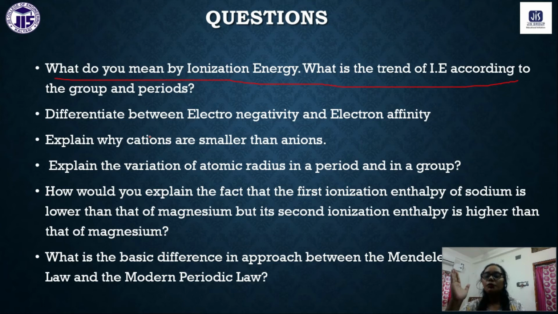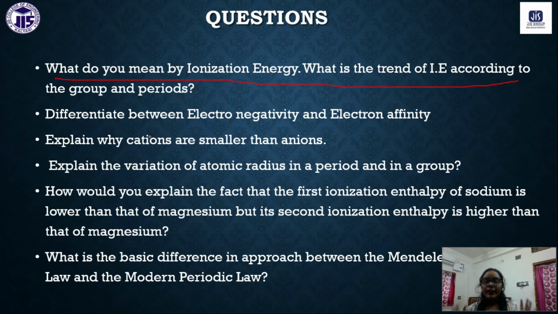So if we are removing an electron from the outermost orbital, it is very easy, because the distance between the outermost orbital electron and the nucleus is very high. So the nuclear attraction force is very less, and that is why it is very easy to remove electrons from the outermost orbital.